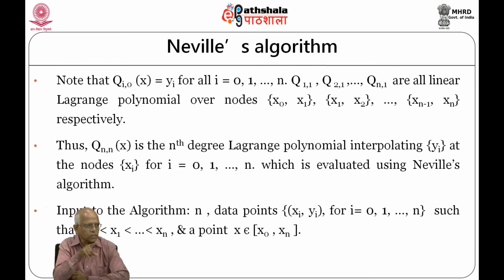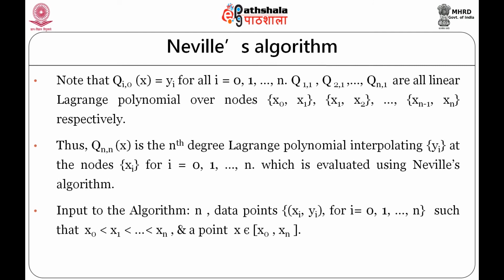Because in all of these the second suffix is 1, all these are linear polynomials, and the first suffix gives you the last data point, the last value of x_i. So, for 1 it is x_1, and the previous value will be x_0. So, we get one point previous to the given point here: x_1, x_2, and like that up to x_(n-1), x_n, and so on and so forth.